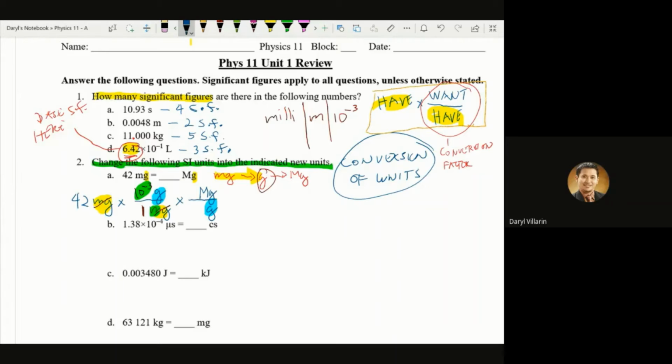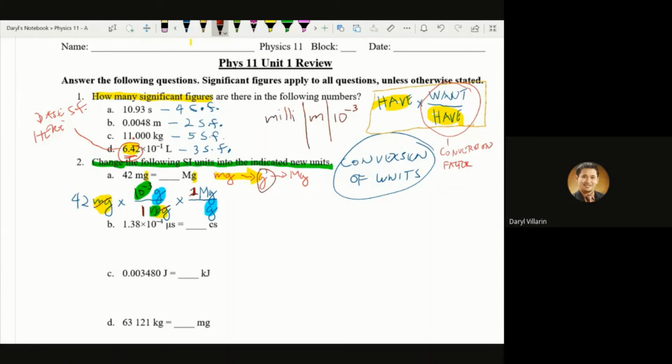In identifying the conversion factor, do the placement first. What is the unit at the bottom and the unit on top? The unit at the bottom should be the same as your original or given unit. Now you go to the value itself. So again, I'm just going to place 1 megagram.